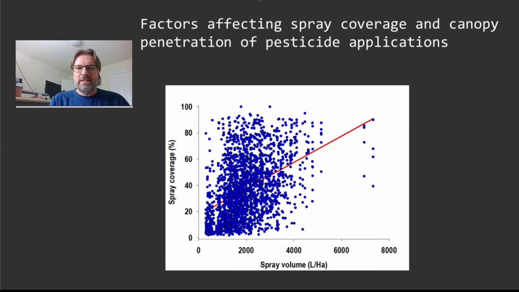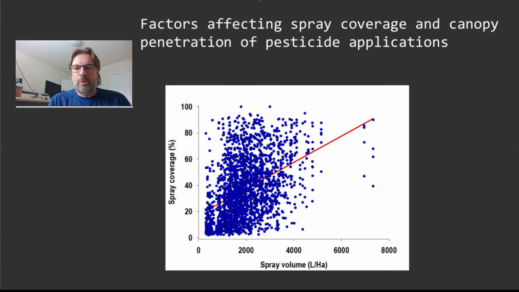Yes, there is a significant regression line when you have 4,700 points. But that line actually only explains about 10% of the variance, meaning that spray coverage, even though spray volume in itself is important, there are many other variables that are interfering here.